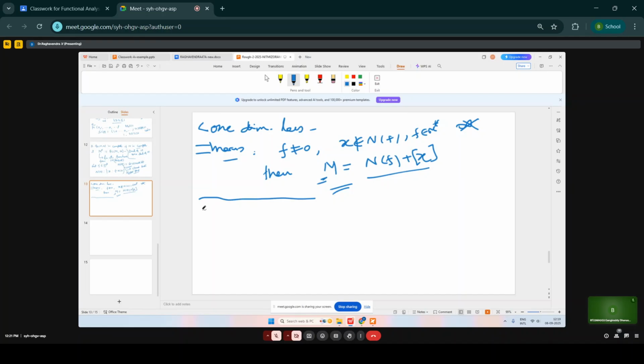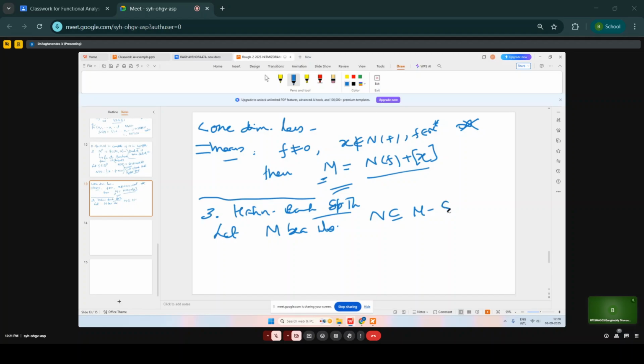So the third thing is the Hahn-Banach theorem. Let M be a normed linear space, and N a subspace. Let f belong to N star, a functional.